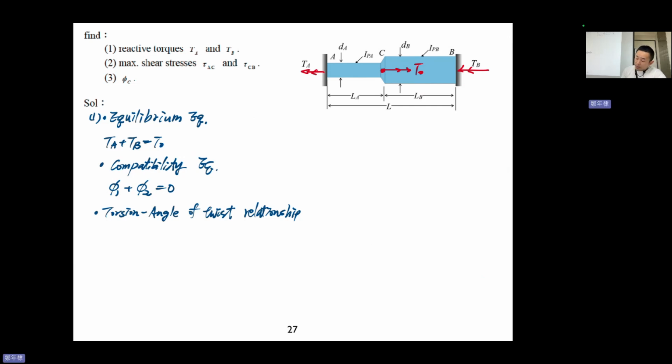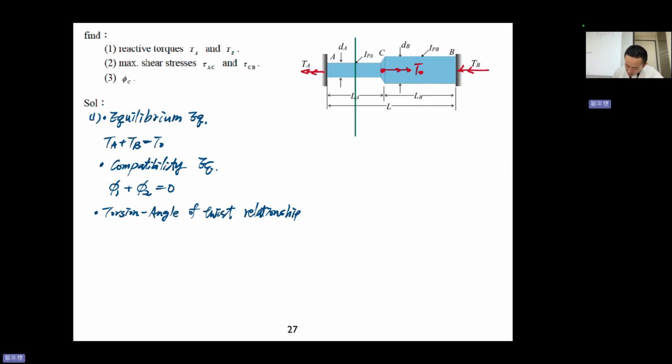Okay, so now we are going to see the internal torsion in section 1 and internal torsion in section 2. So how can we do that? Because we are going to connect phi 1. Phi 1 is here, right? Phi 2 is here. So we need to cut to determine the internal torsion. So the first one is we cut here, all right?